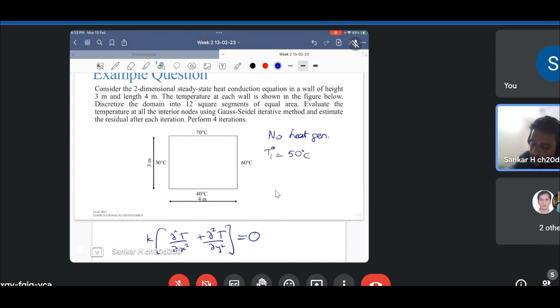So what we have to do is first discretize this domain into 12 square segments of equal area. Since this is 3 meter and this is 4 meter, we are going to divide the domain into segments of 1 meter length each.